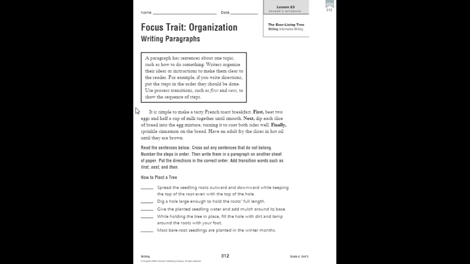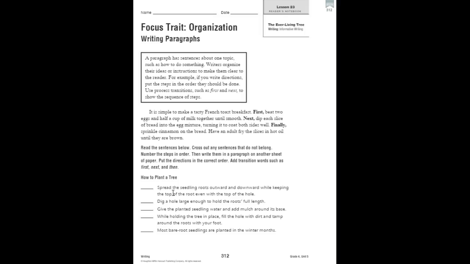All right? Now, you're going to read the sentences below, and you're going to cross out any sentences that don't belong. Number the steps in order, and then write them in a paragraph on another sheet of paper. Put the directions in the correct order. You also need to add the transition and process transition words such as first, next, and then. Okay? So you're using these. If they don't belong, because obviously paragraphs, like we said, have information in them that's grouped together in like things.